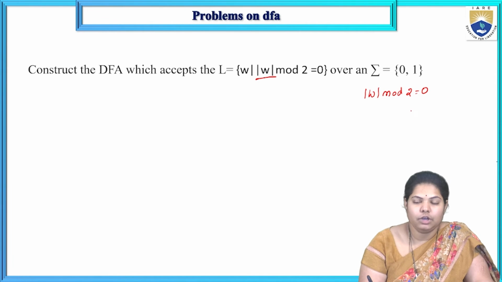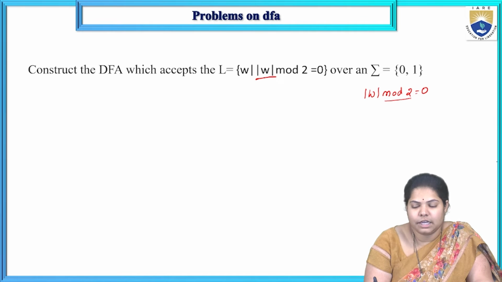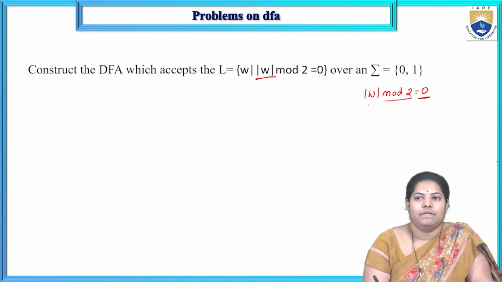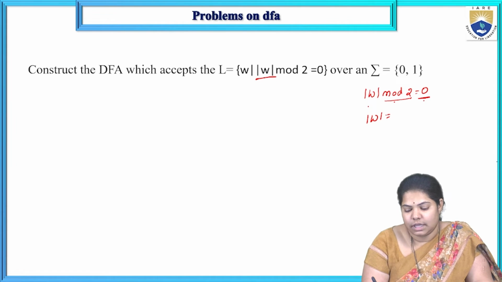That means when a string length is divided by 2, I should get a remainder 0. We can also write this as the string length is congruent to 0 mod 2.